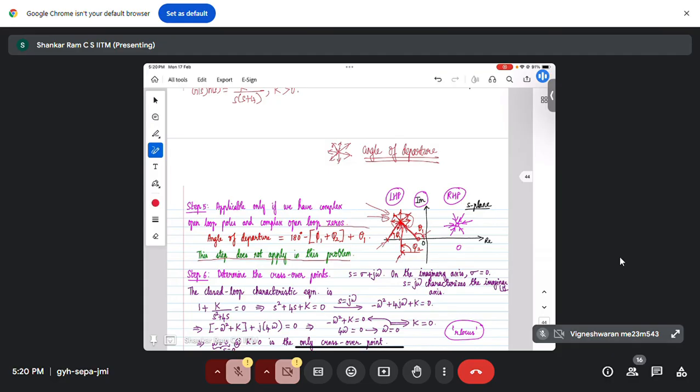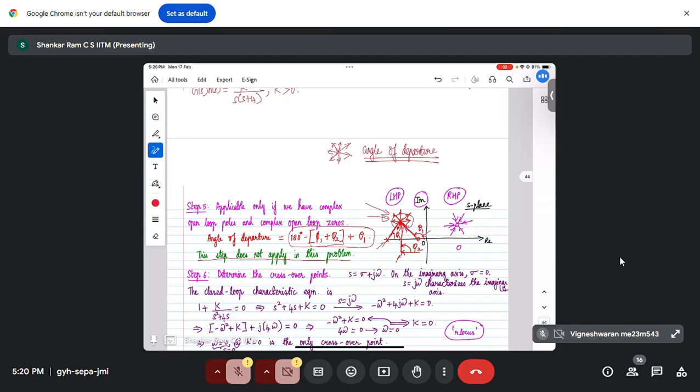That is the reason why the angle of departure comes out to be 180 degrees minus (phi1 plus phi2) plus theta1. Phi1 plus phi2 is the sum of the angles made by vectors drawn from other open loop poles to this complex open loop pole.